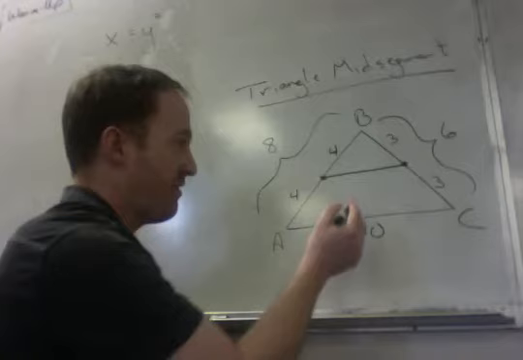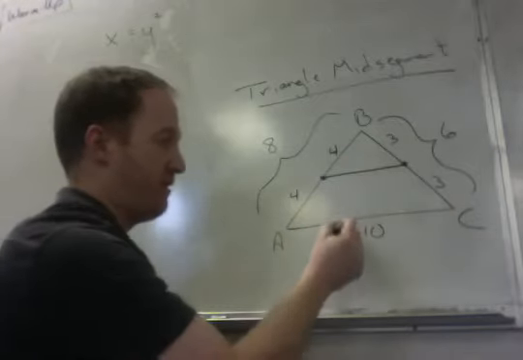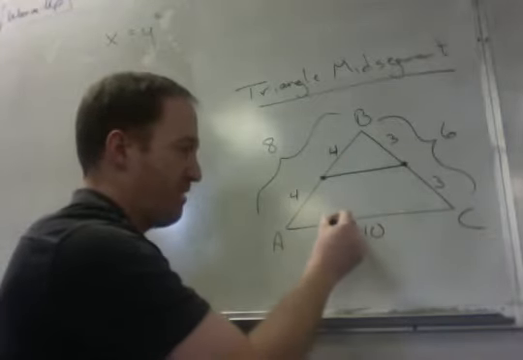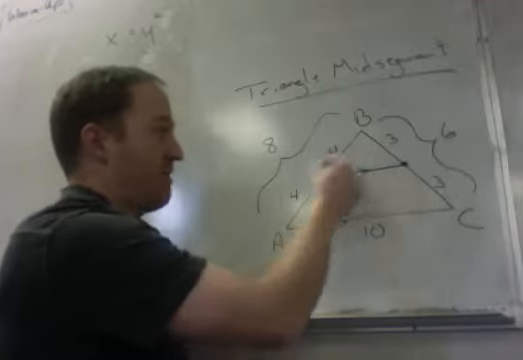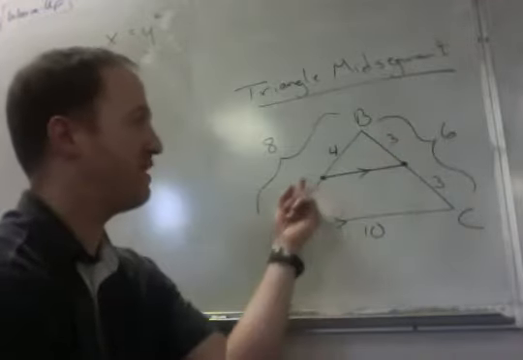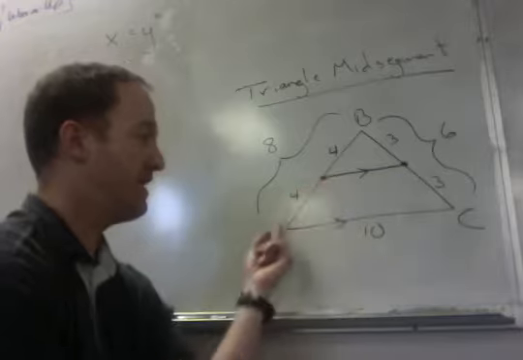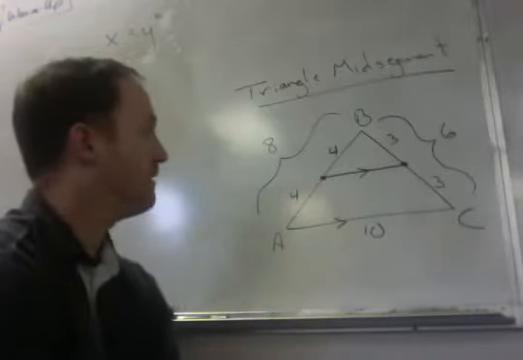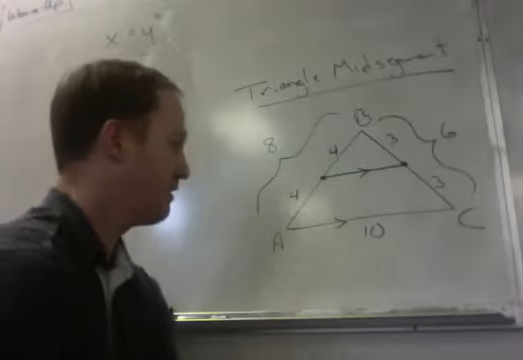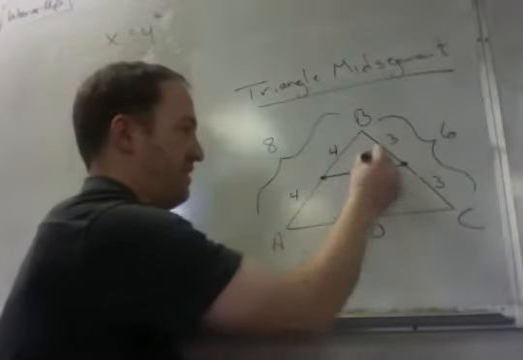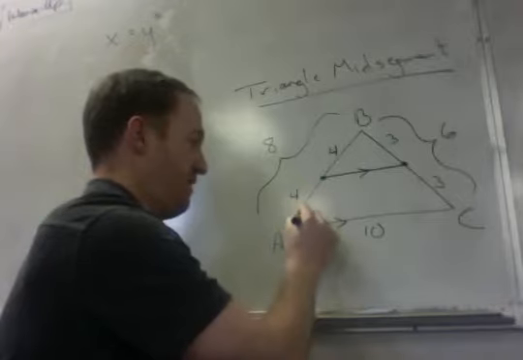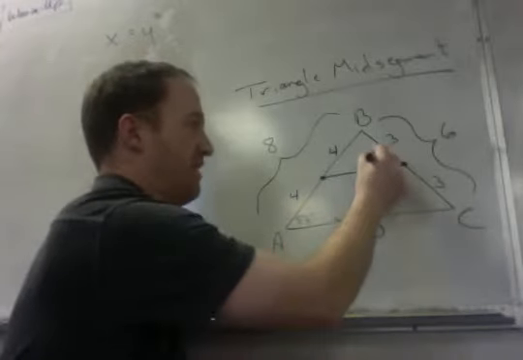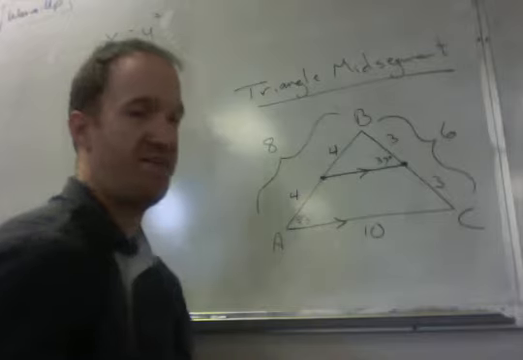Well, it turns out that when you connect the midpoints, that segment that you draw, that midsegment, turns out to be parallel to this other side. Let's say this angle here is 53 degrees, and this is 37 degrees.